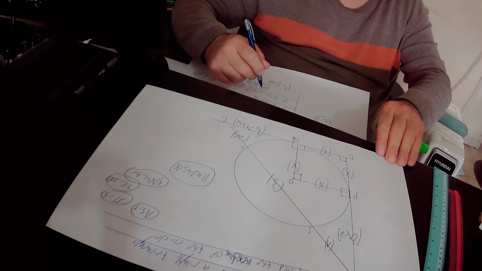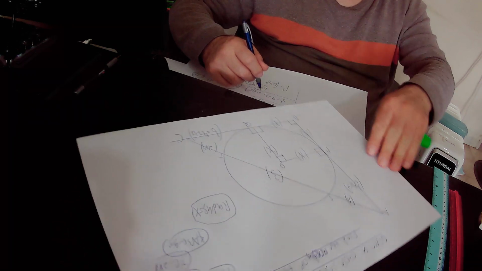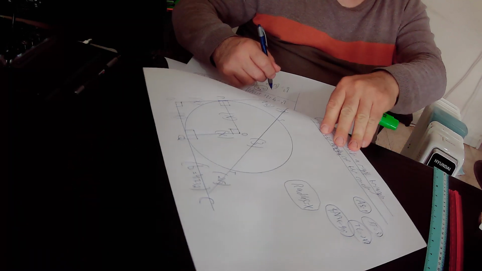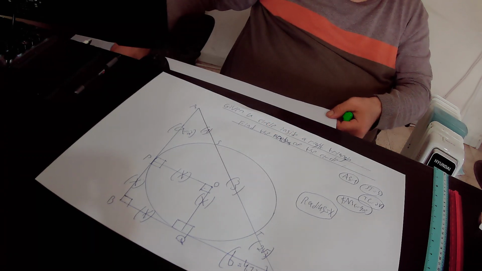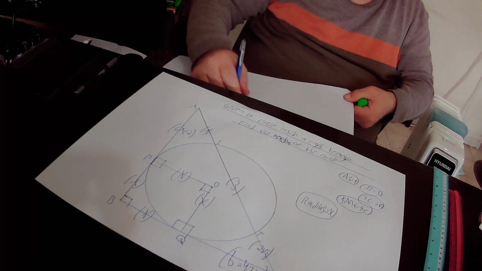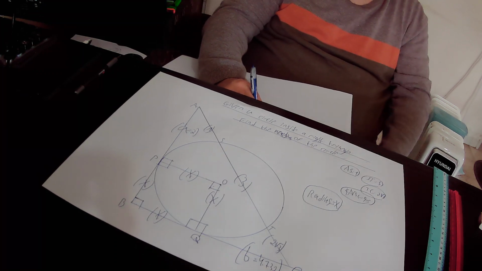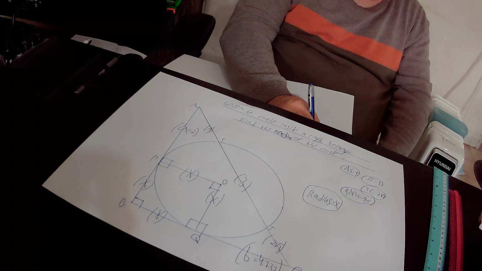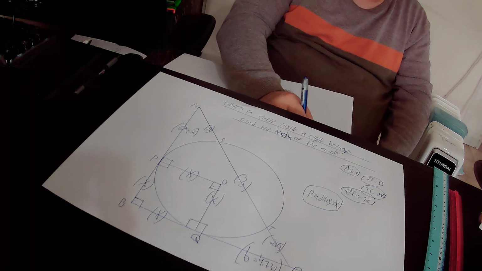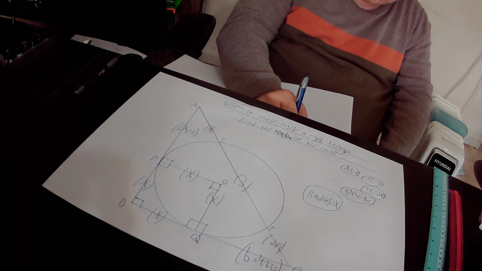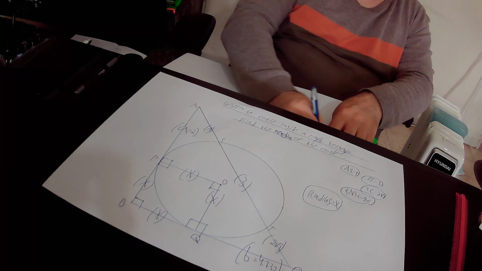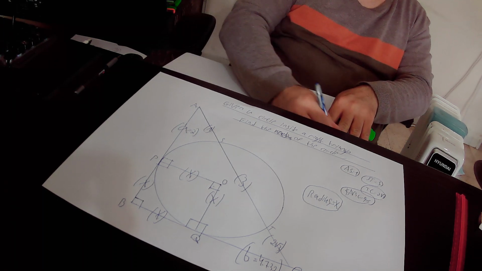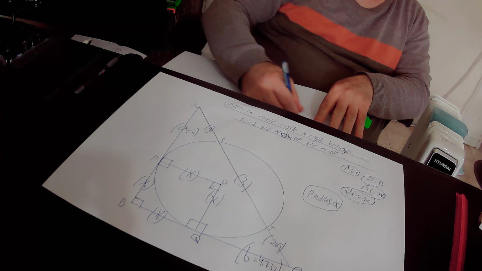In the next step, we'll implement the Pythagoras theorem in this big right triangle, triangle ABC. PT is the abbreviation for Pythagoras theorem. According to the Pythagoras theorem, in any right triangle, the square of the hypotenuse equals the sum of the squares of the perpendicular sides.